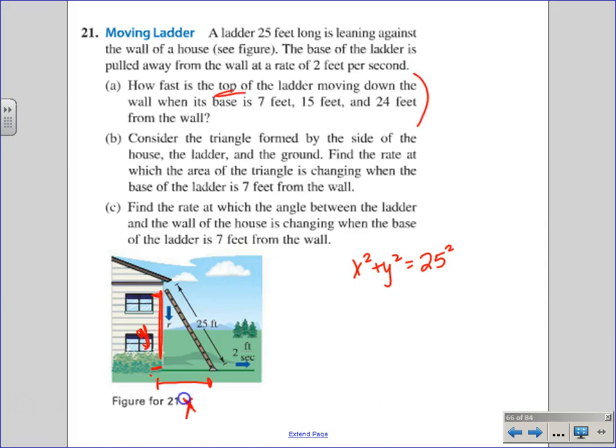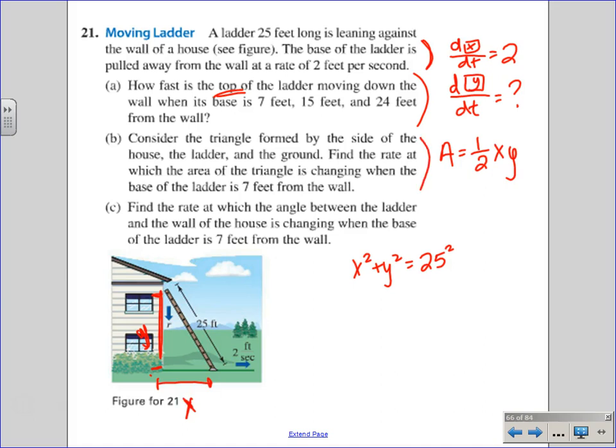If it says the top of the ladder, that's y, or they call it r or whatever, I don't care. And then the base of the ladder, that's talking about this changing. So d who dt? Oh, so they give me this, and then I'm trying to find that, and I have some such that's? Yes. I would go ahead and maybe think of 1/2 base times height. There's a few different formulas that they're going to ask, but that gives you at least an idea of where we're going. Does that kind of make sense? Take derivatives and plug and chug.